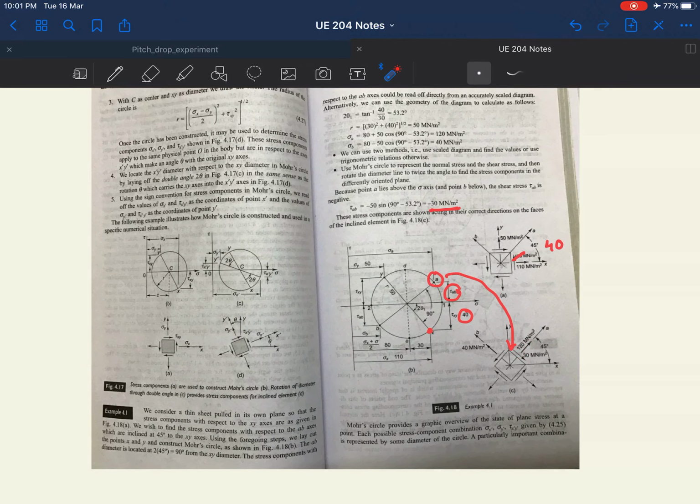You can read off other points also, and find, for example, sigma b here, which is sigma yy. This point is probably 40 megapascals.